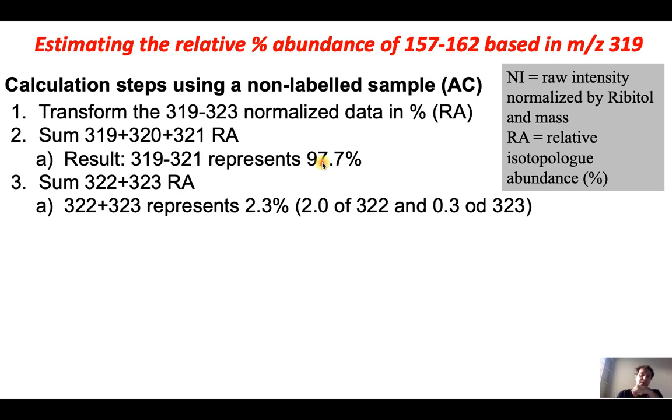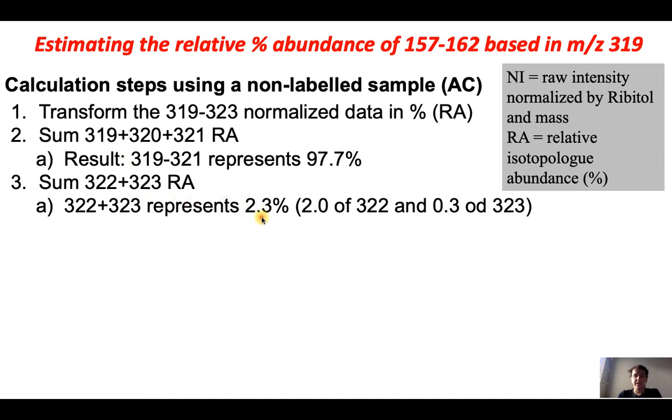Because we know that these three nicely correlated with M0, M1, and M2 of the 157. So we assume that 157 also has a sum of M0, M1, M2 of 97.7%. And of course, the main aim of doing this is to estimate the relative abundance of M3 and M4 of this fragment.